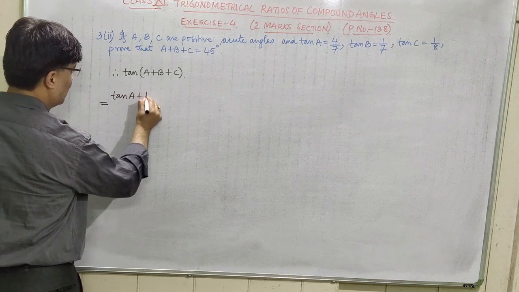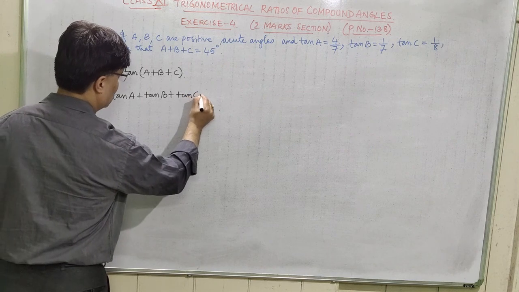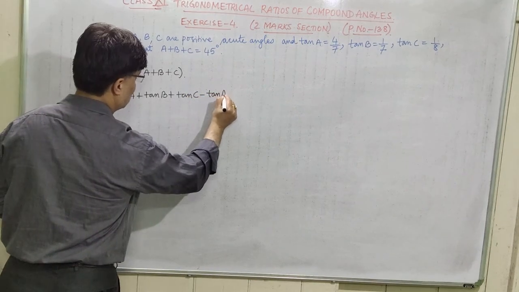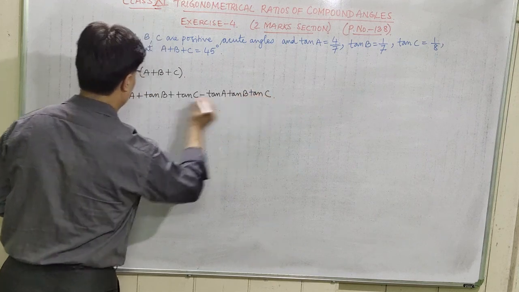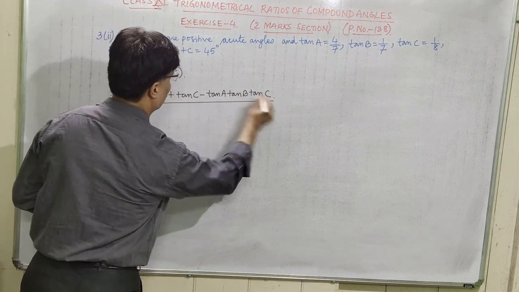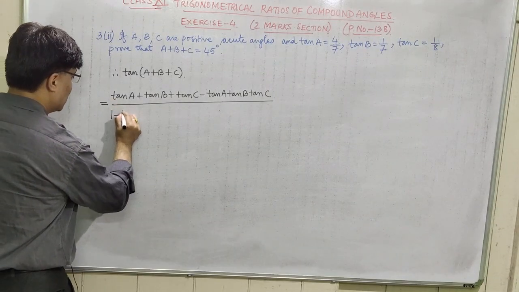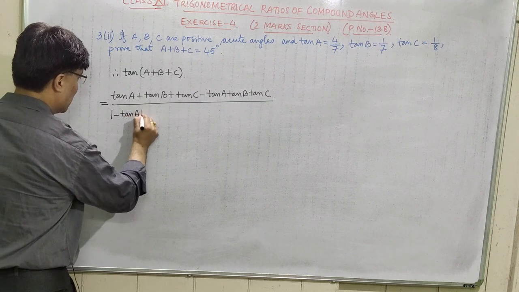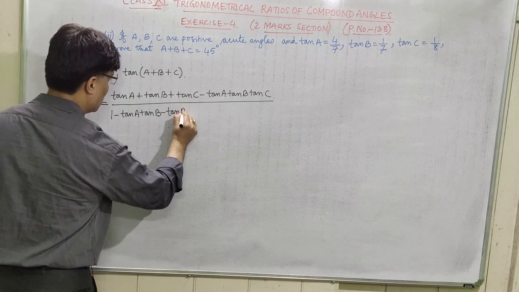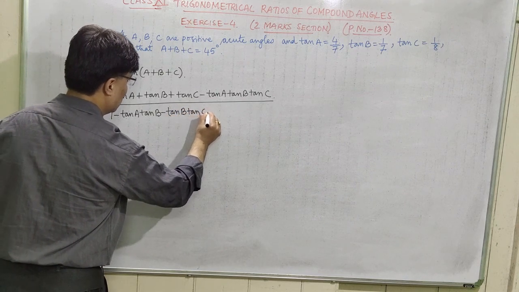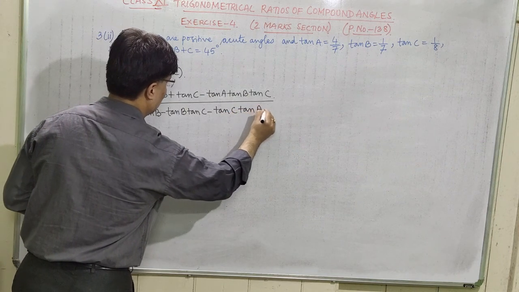That is tan A plus tan B plus tan C minus tan A tan B tan C, this whole divided by, in the denominator, 1 minus tan A tan B minus tan B tan C minus tan C tan A.